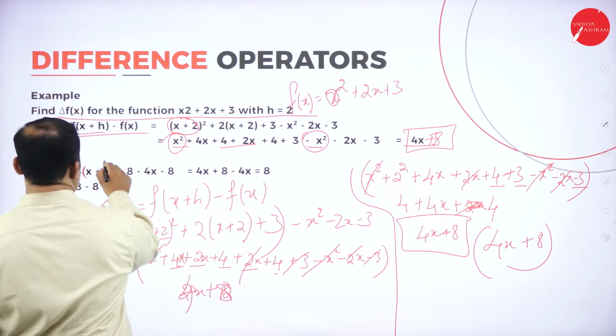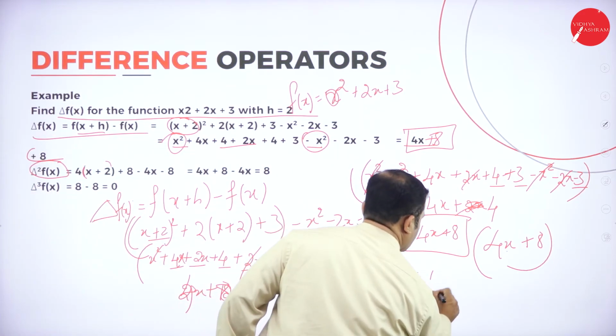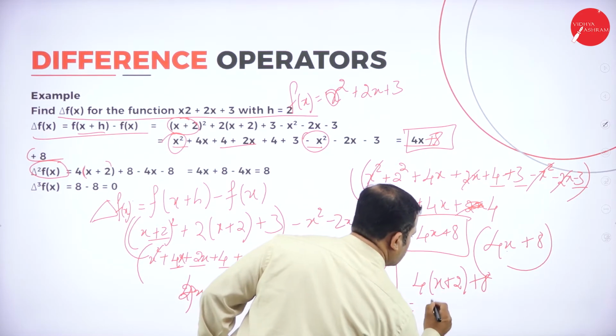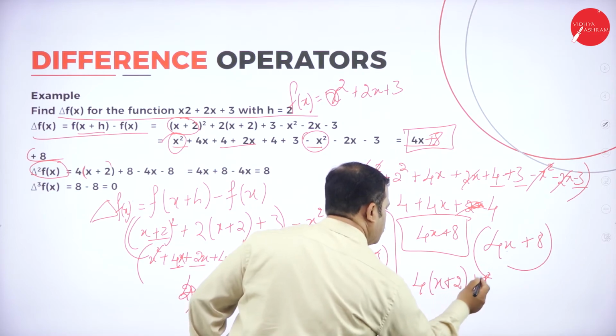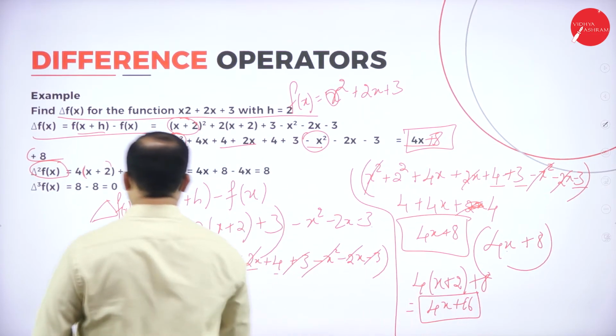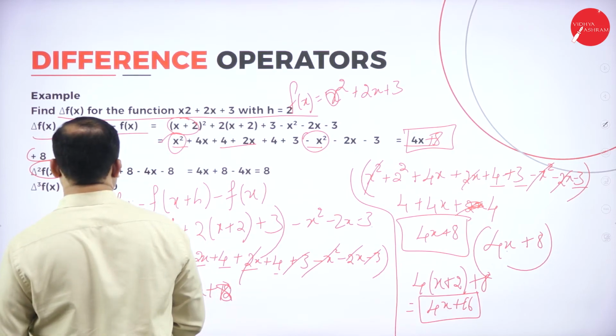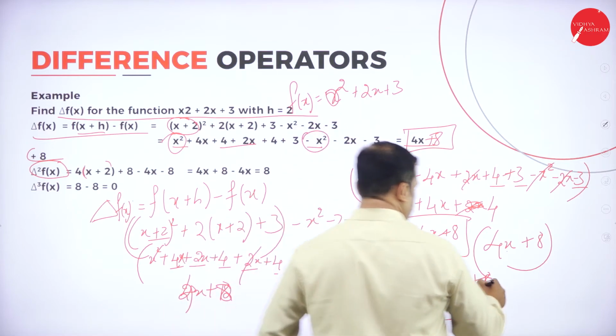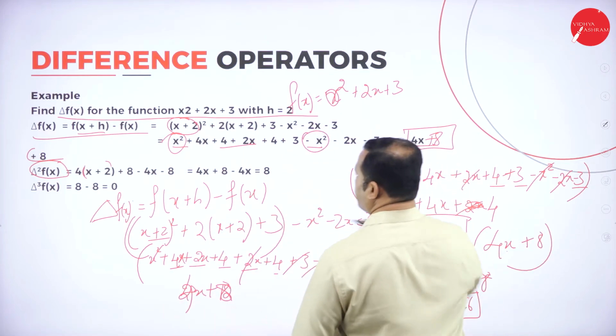What is that? 4 times (x+2) plus 8, that leads to 4x + 8 + 8, that means 4x + 16. Am I getting the same term? Oh, that has to be subtracted. Yes, correct: 4x + 16 minus 4x + 8.